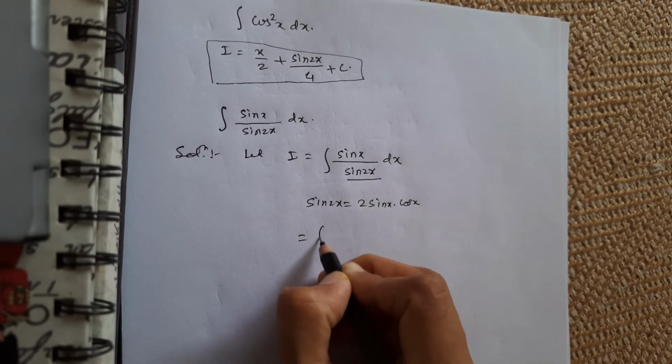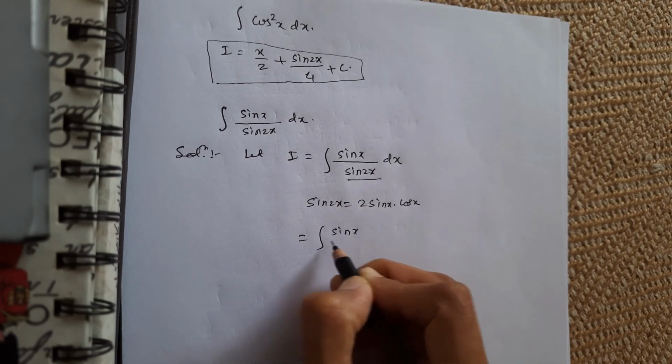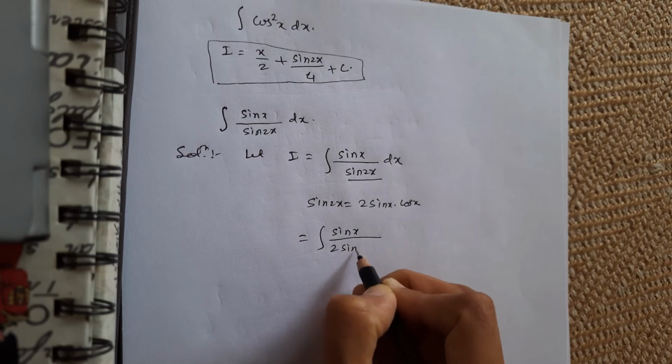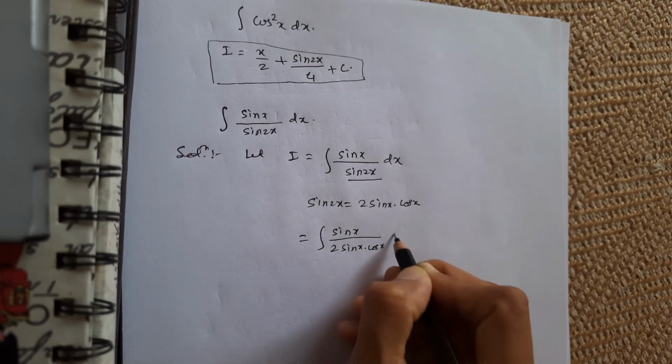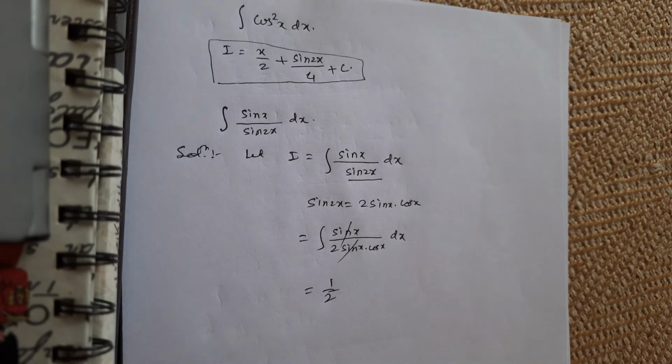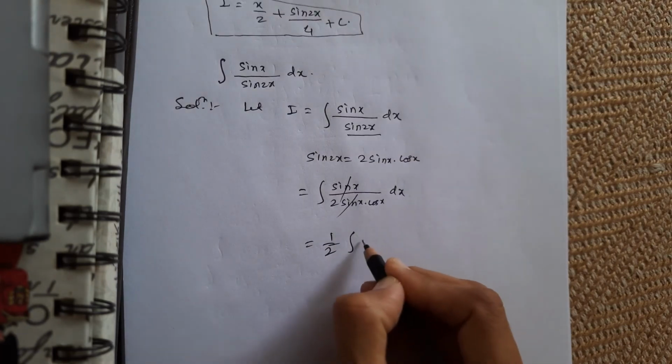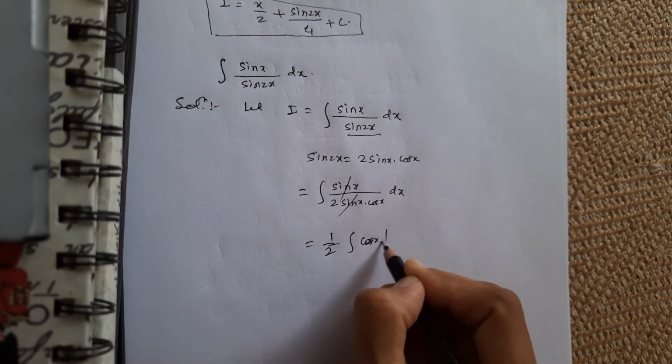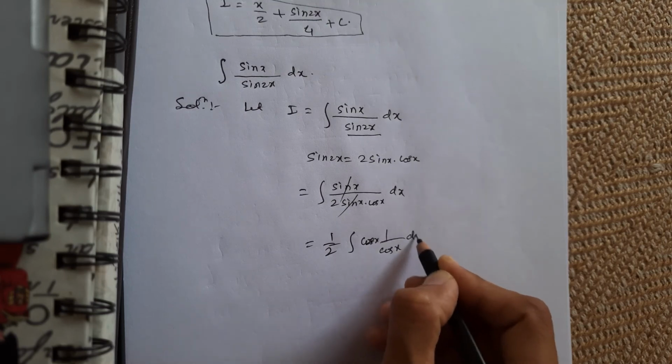So I will just write here sin x upon 2 sin x into cos x dx. Now sin gets cancelled, 1 by 2 is a constant. I can write it out of the integration of 1 upon cos x dx.